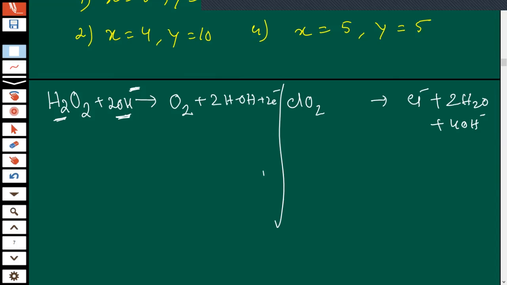And you can use 4 H2O. Now you can see all hydrogens and everything balanced. In basic medium, wherever hydrogen is there, put the same number of OH minus there and use water on the left hand side or opposite side. Now Cl minus is there, no?